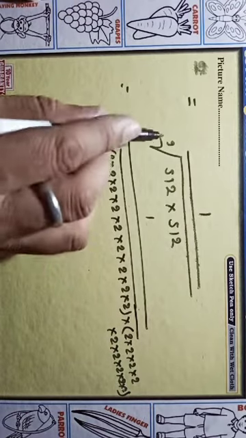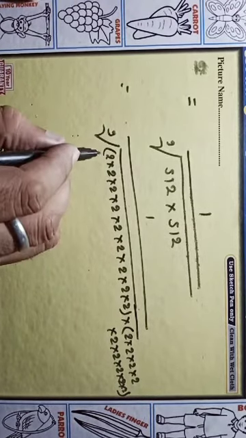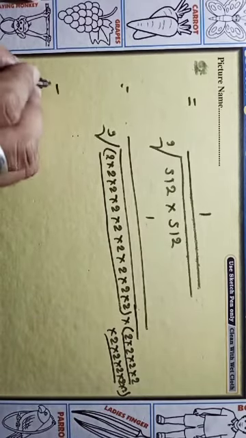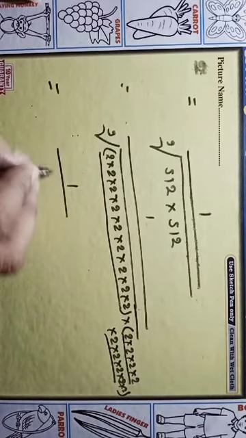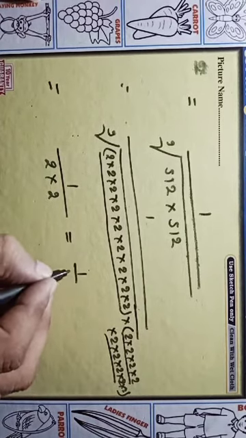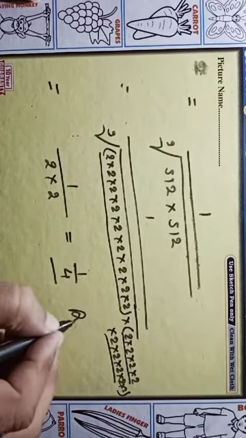Now make a group of 9. Here the index is 9, so 9 of these go out as one group, and this value becomes 1 by 2 into 2. This value becomes 1 by 4.